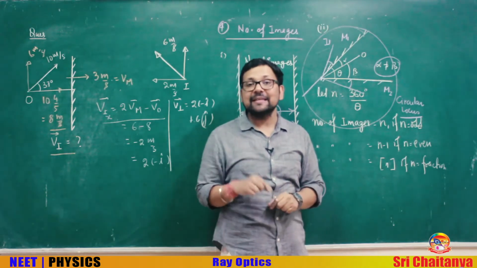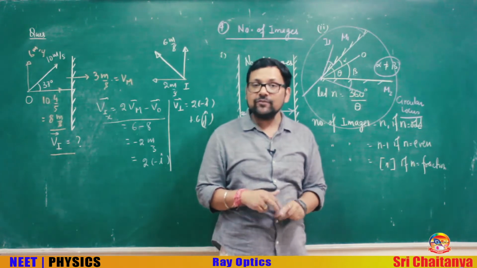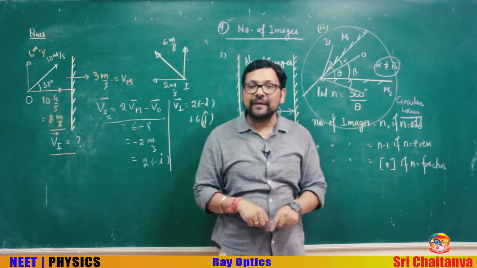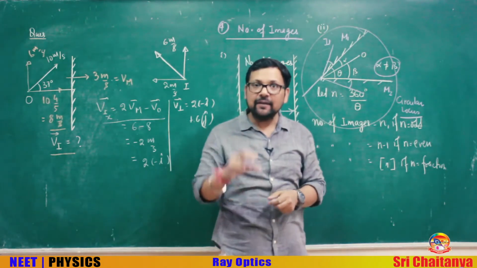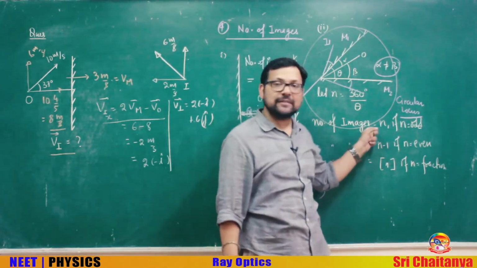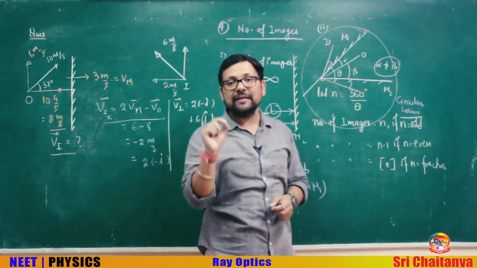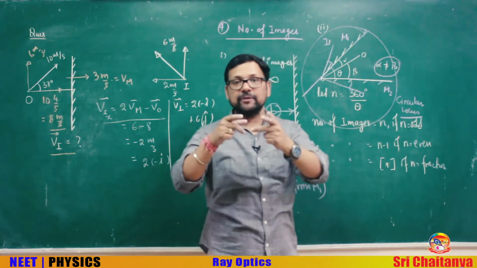But the point is, here the object was not placed at the angle bisector. If the object is placed at the angle bisector, the final images due to M1 and M2 will coincide, and the trend will be reversed. Like you are saying the number of images is n if n is odd, then remember, if the object has been placed at the angle bisector, this odd-even condition will be flipped.